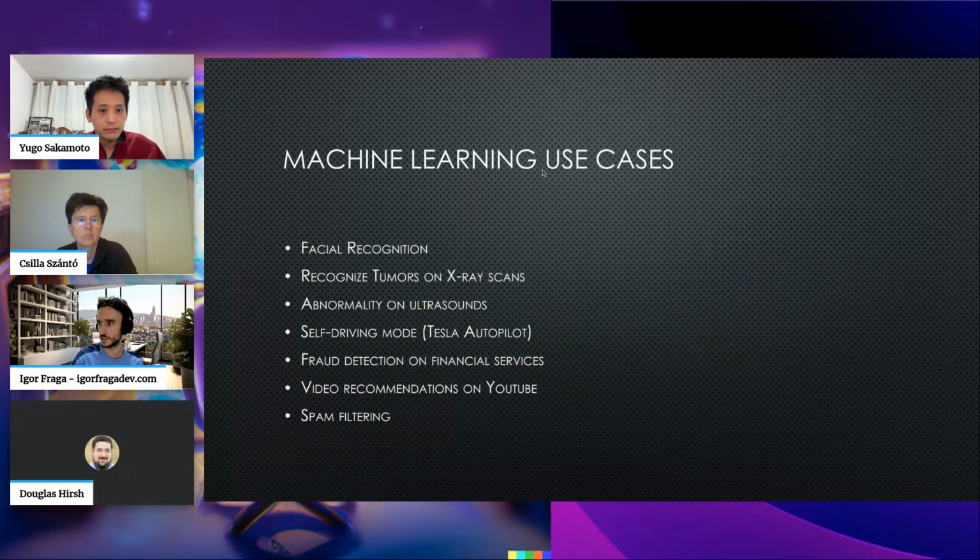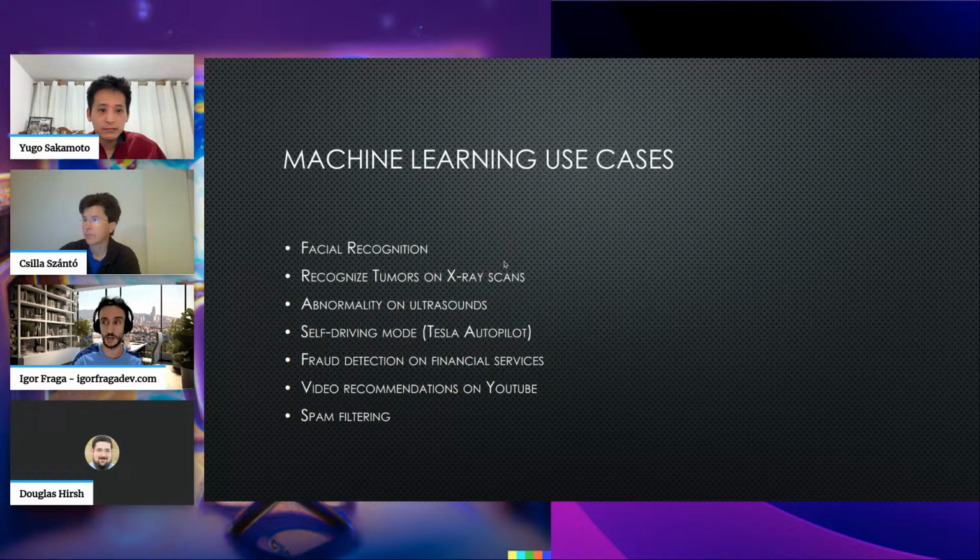Moving on to a machine learning use case, very quickly. We can use this for many cases. If in the place where you live you have facial recognition, it probably uses some kind of intelligence like the kind machine learning applies.